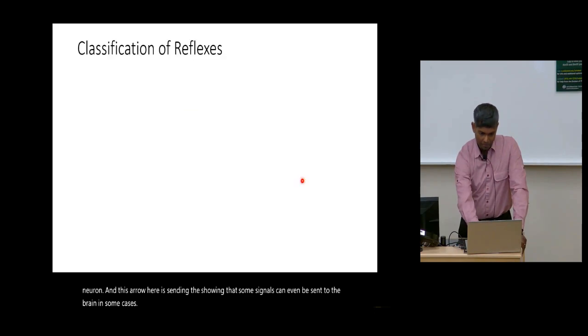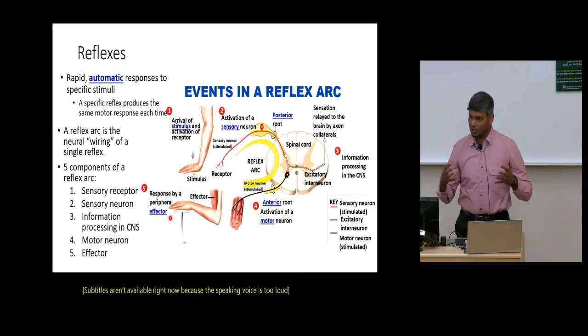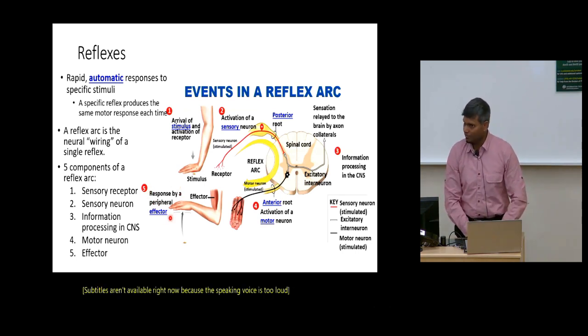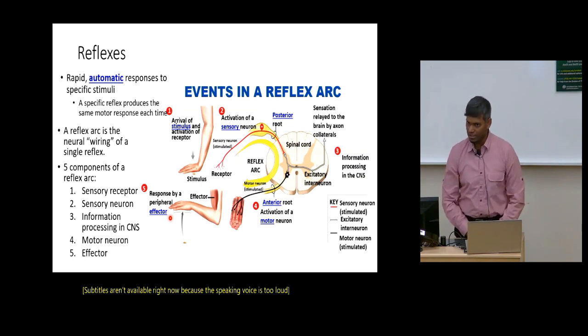And we find that the activation of this motor neuron will cause the muscle to contract, and that's how the reflex takes place. So these are the overall steps in terms of how a reflex occurs.